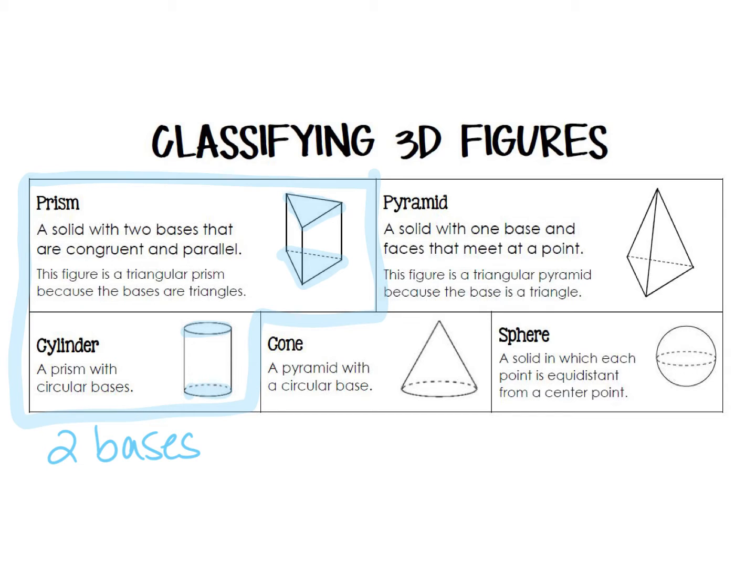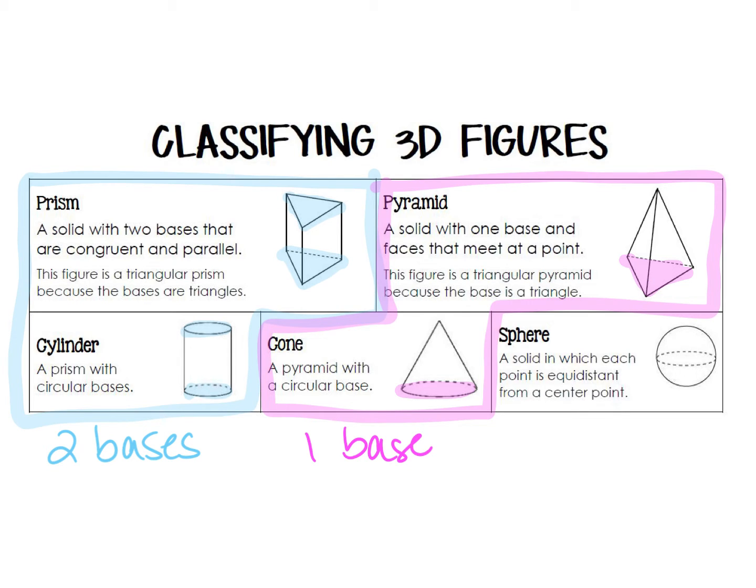Okay? With a pyramid, right? So pyramids can go together with cones. Those have 1 base, right? Only that one flat side. So if we look here, we have the circle, and here we have a triangle, but there's nothing else that's parallel to it.